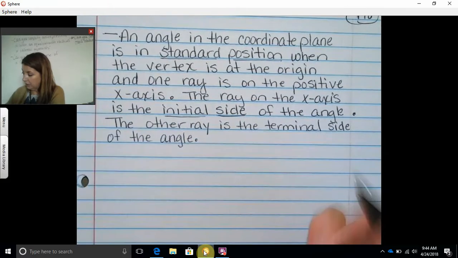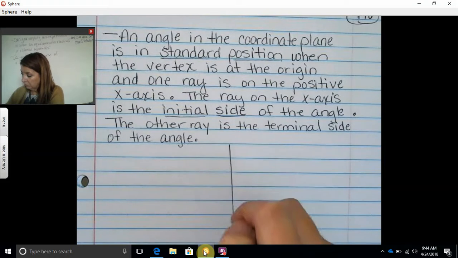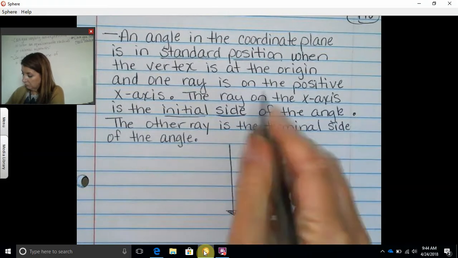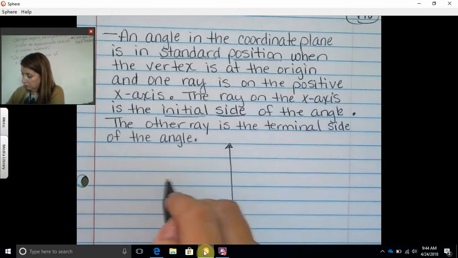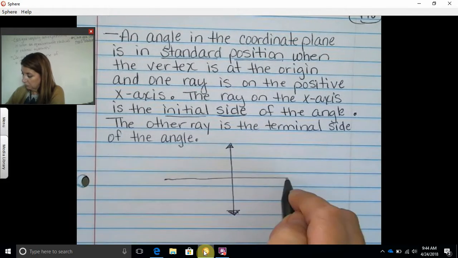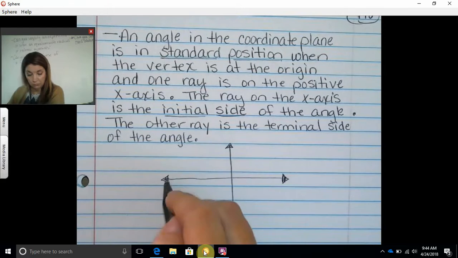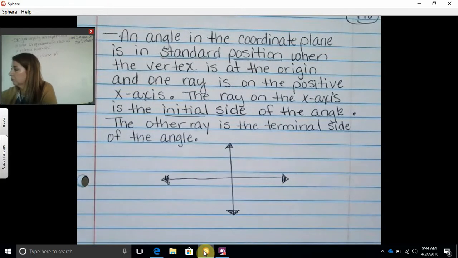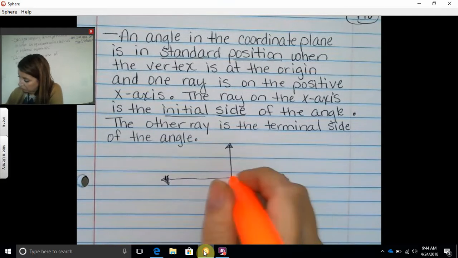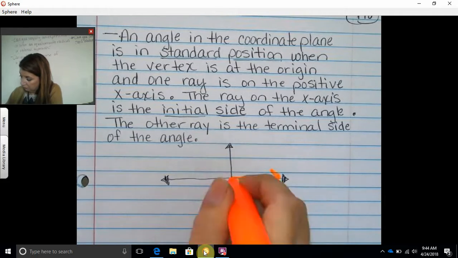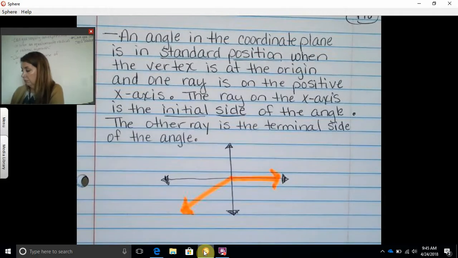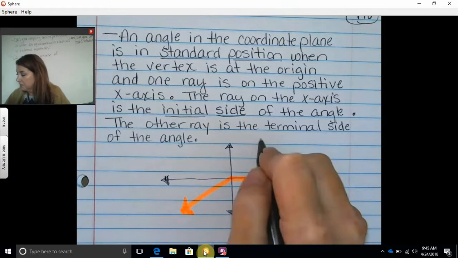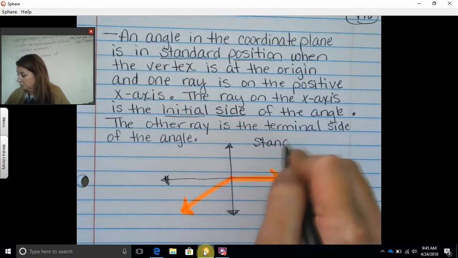So I'm going to draw you a little diagram. So this whole thing, this is an angle in standard position.